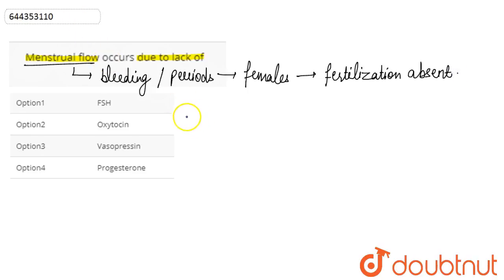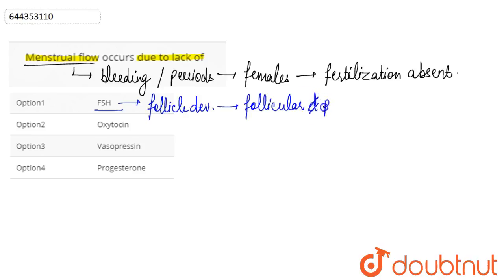Now this occurs due to the lack of, so option 1 given to us is FSH. FSH is the follicle stimulating hormone, and this hormone has a greater role to play in follicle development during the follicular phase of the menstrual cycle, when the follicles are produced and then grow in size and become more mature.